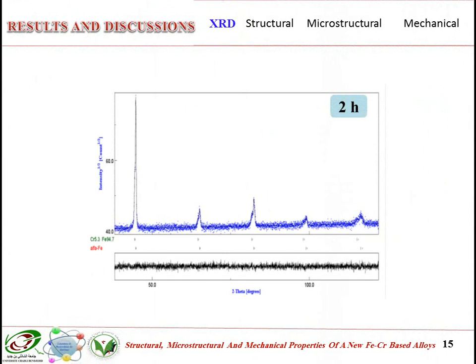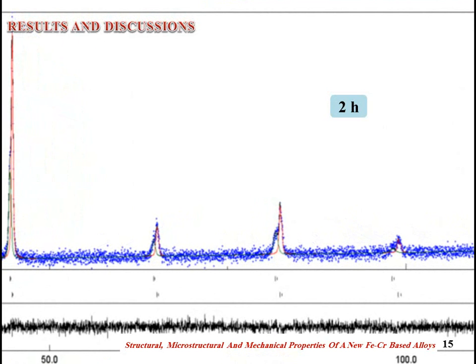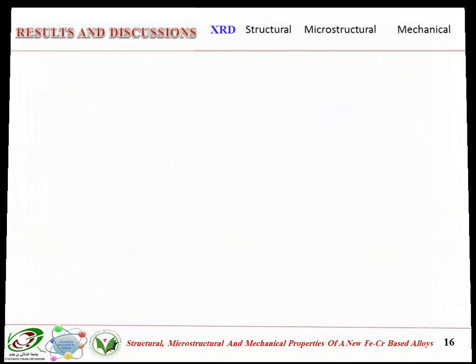At 2 hours of milling, the best adjustment is obtained with the same previous phases, but we notice a change in the intensity of the subspectrum peaks.